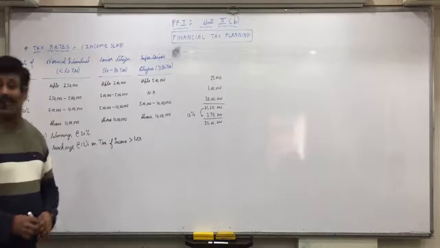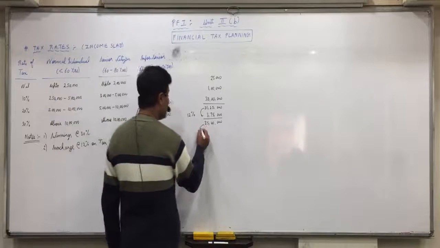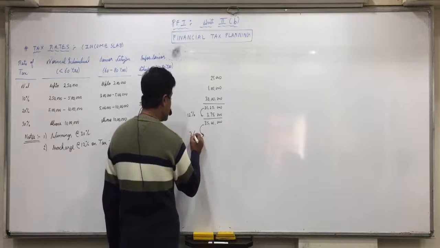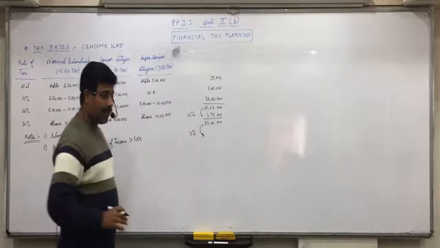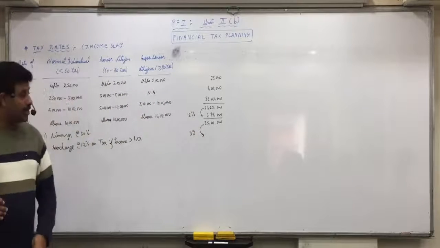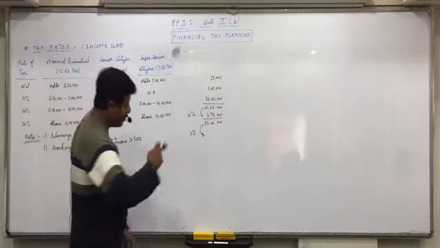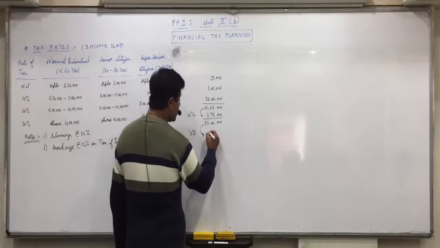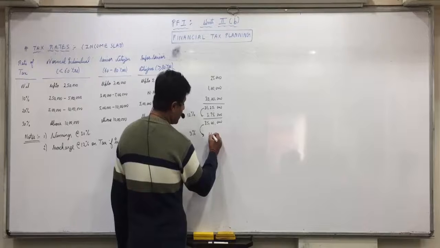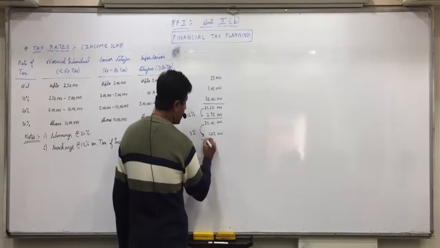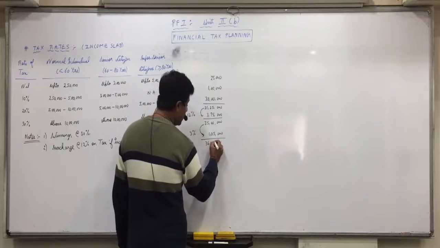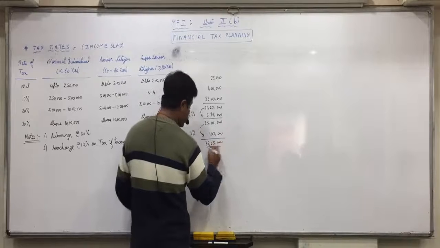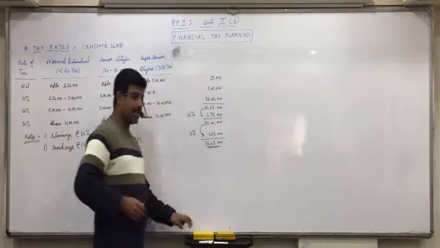So further on this 35 lakhs, you pay cess of 2 and 1, 3%. 2% education and 1% SHE cess, so total 3%. 35 lakhs, 3% is 1 lakh 5,000. So 36 lakh 5,000. Did you understand this, everyone?